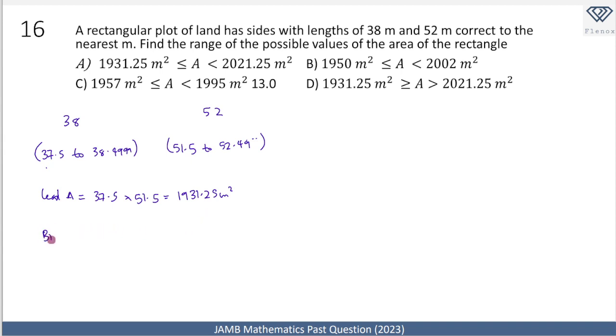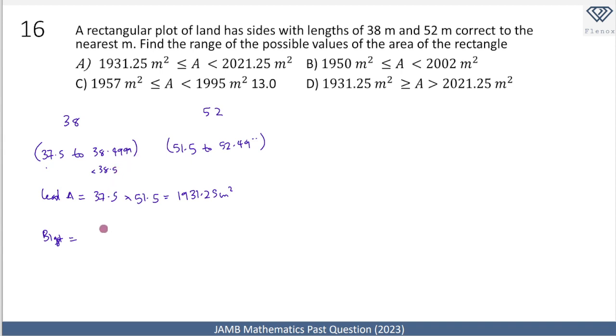Now, the biggest possible area you can get is when you multiply the two biggest possible numbers. In this case, you have this and this. I can approximate this number to 38.5, but think about it, it cannot be 38.5. It must be less than 38.5, because if it's 38.5, then I can round it up to 39.